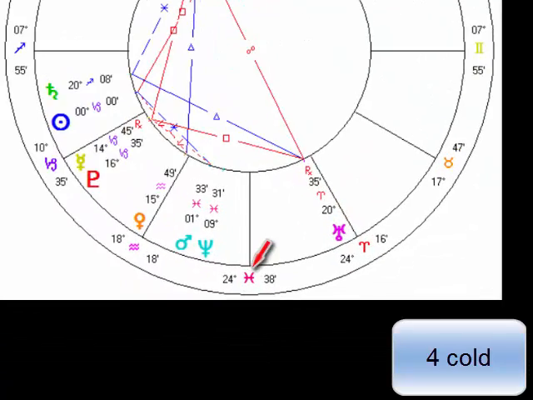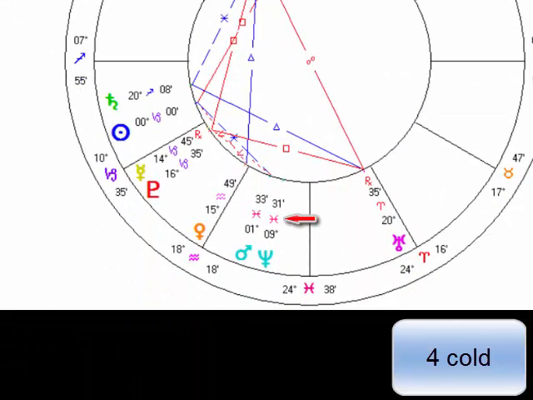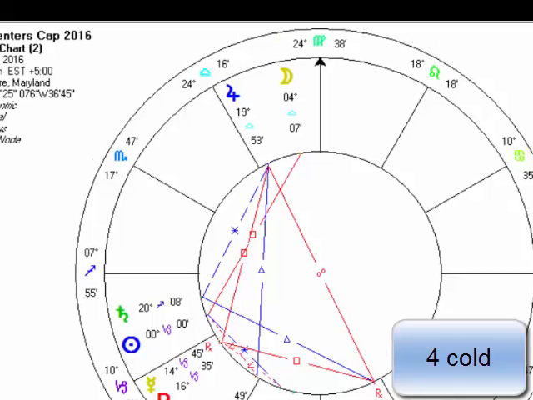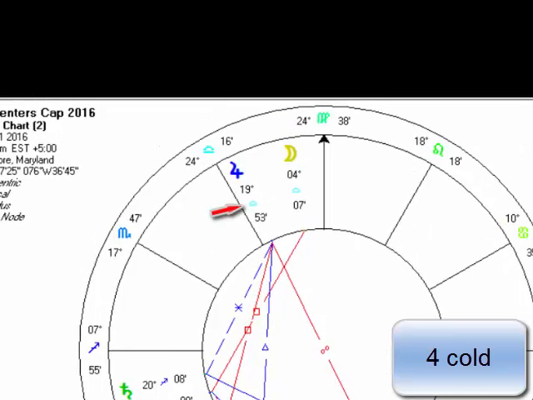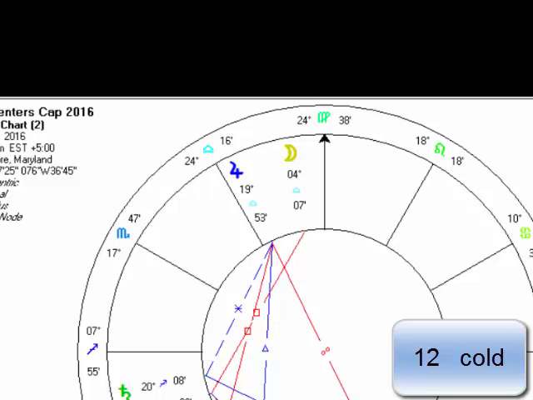Pisces on the 4th house cusp is ruled by Neptune, which is cool, and Jupiter, which is warm. That cancels out. Neptune is in Pisces, which is cool, and Jupiter is in Libra, which is cool. Here we add 8 cool points. This takes care of the 4th house.